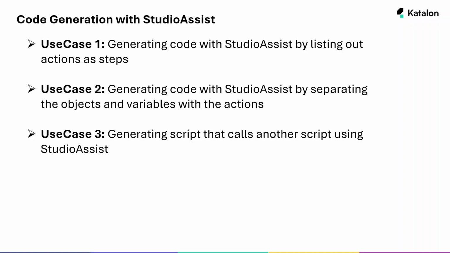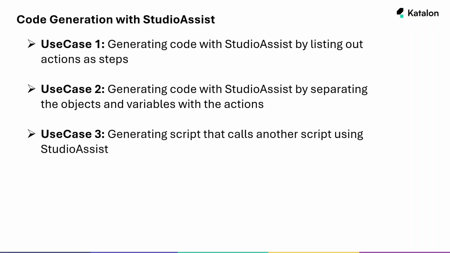Use case 3, you're going to learn how to generate the script that calls another script using Studio Assist. So now let us go to Katalon Studio and see use case 1.